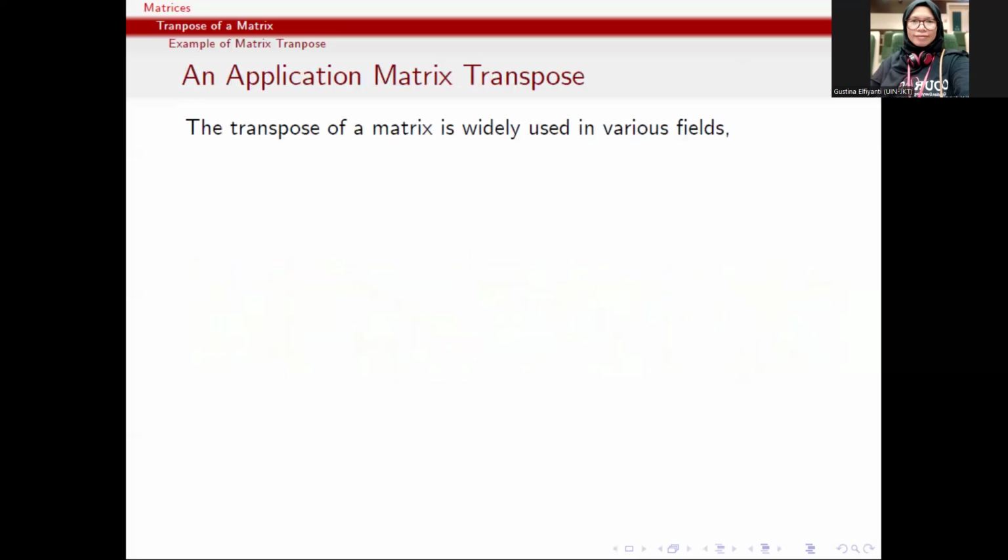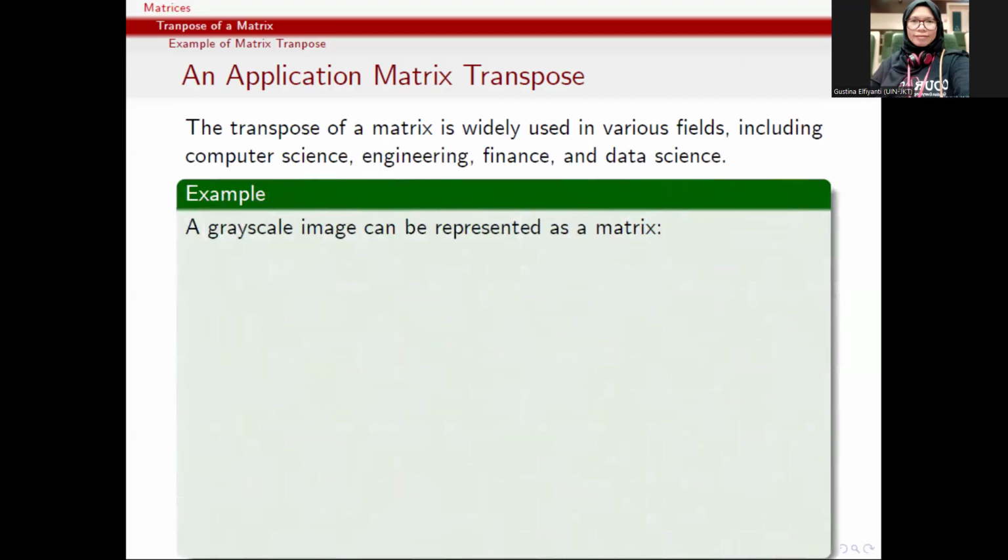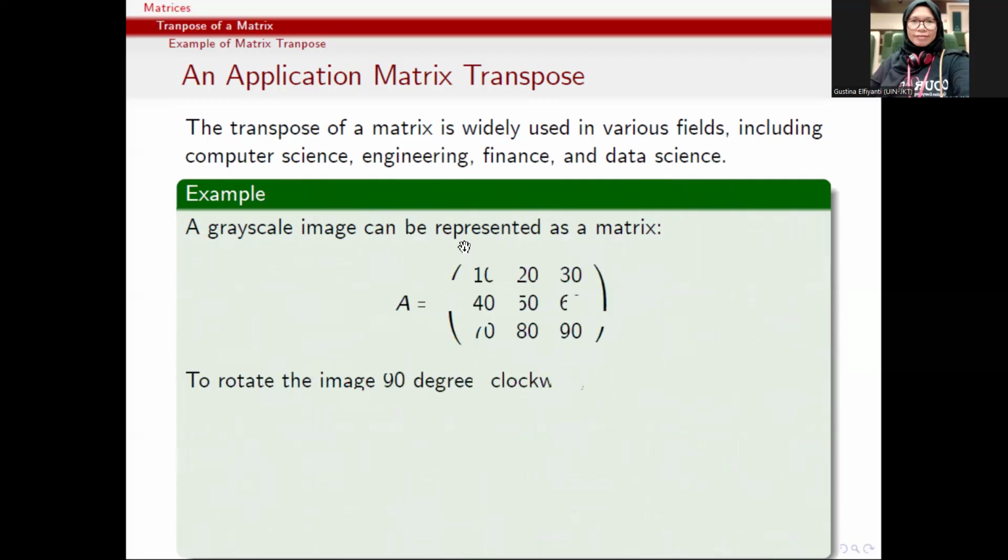Now we see an application of matrix transpose. The transpose of a matrix is widely used in various fields, including computer science, engineering, finance, and data science. For example, a grayscale image can be represented as a matrix.